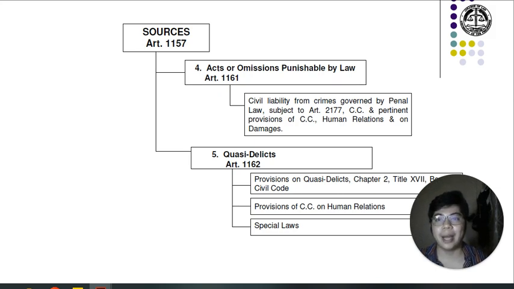Actually, I'm sorry, negotiorum gestio would occur if the property is neglected or abandoned and there was no authority on the gestor or the manager.